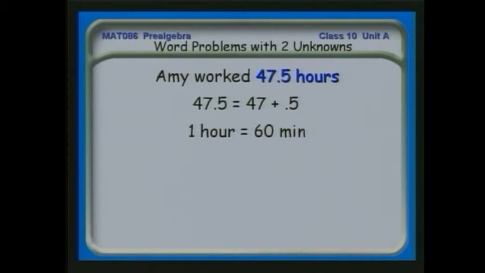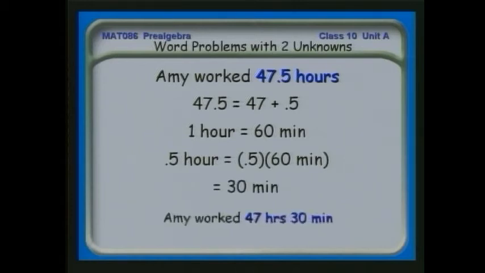Remember, 0.5 is 1/2, so that represents a half of an hour. If I multiply 0.5 of an hour by 60 minutes, I find that's 30 minutes. So what she's actually worked for that week then is going to be 47 hours and 30 minutes.